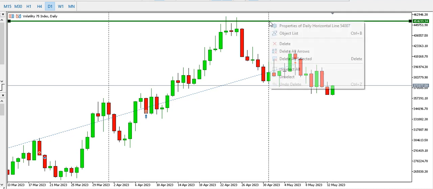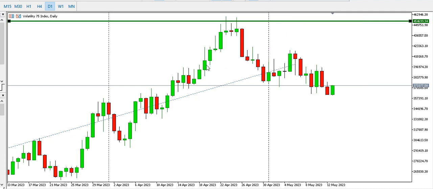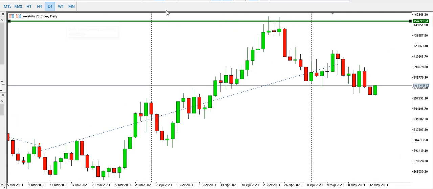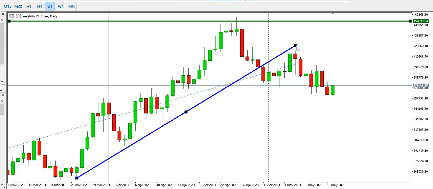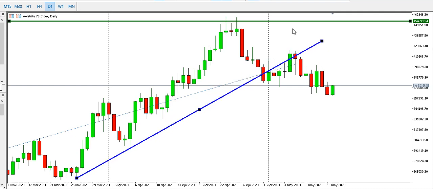On this daily time frame, I have V75 index showing me that price was initially bullish, but we now have a retracement. Look at this retracement.